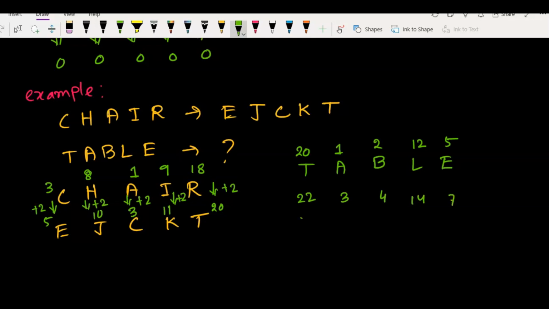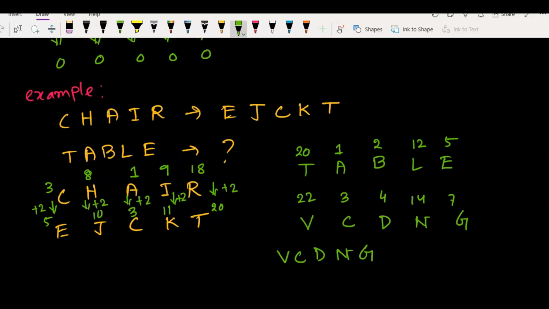So 22 is V, 3 is C, 4 is D, 14 is N, and 7 is G. So the answer is V, C, D, N, G. TABLE is coded as VCDNG.